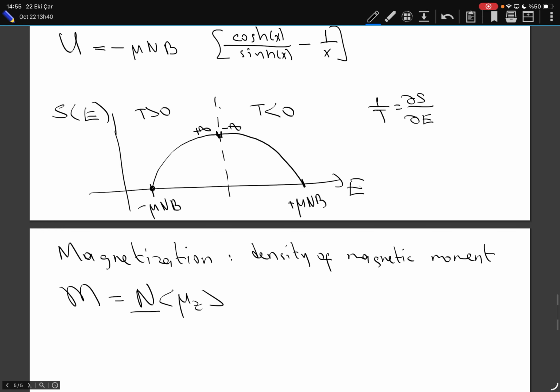If I look at per volume, this is the magnetization of the system. Well, this is equal to N over V, mu times the average of cosine theta, because mu z is mu times cosine theta.